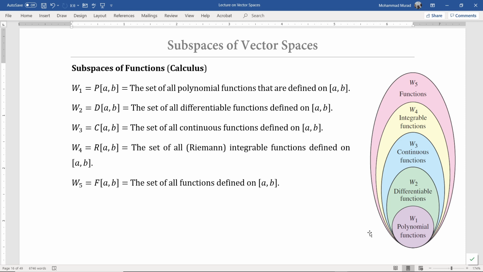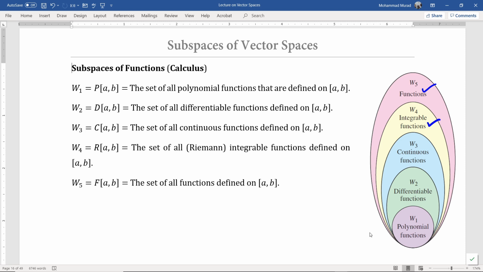Let's have a quick look at the subspaces of functions. It can be shown that the set of all functions forms a vector space. Then the set of all integrable functions forms a subspace of the vector space of all functions.